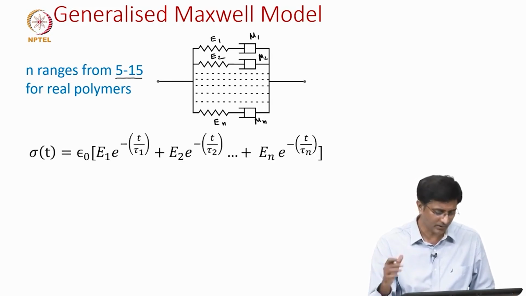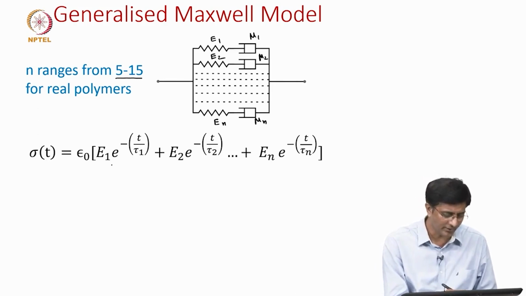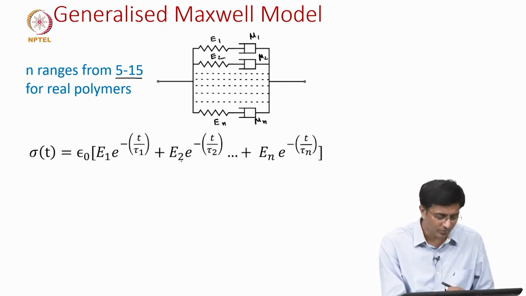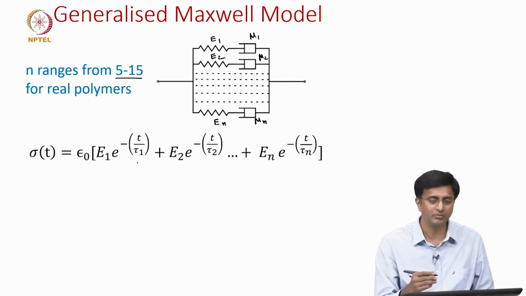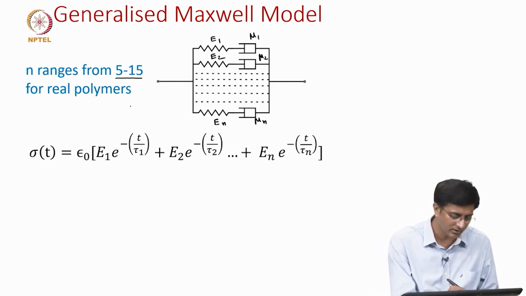Now, let us look at the relaxation response. Earlier we only had two terms because we only had two Maxwells in parallel, but now if we extend this to n in parallel, we have n terms, the last term being En times e power minus t by tau n, where tau n is the nth relaxation time given by mu n by En.